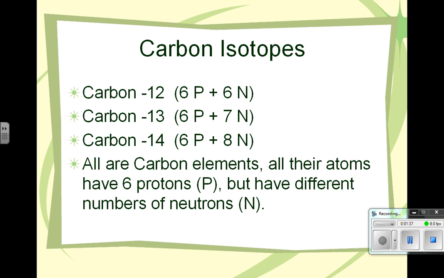And in some cases, there are 2 extra neutrons, so carbon 14 has 6 protons and 8 neutrons in the nucleus. That changes the mass each time. All carbon atoms have 6 protons, but they have different numbers of neutrons.